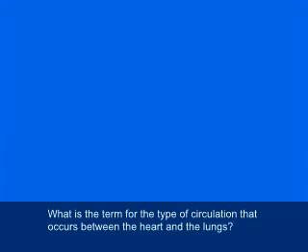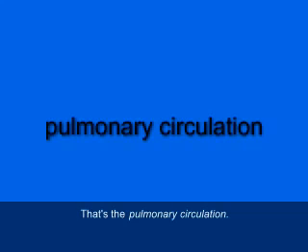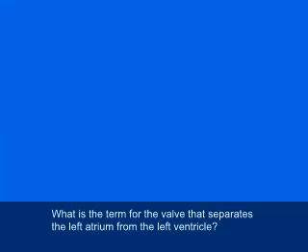What is the term for the type of circulation that occurs between the heart and the lungs? That's the pulmonary circulation. And what is the term for the valve that separates the left atrium from the left ventricle? Well, that's the mitral valve.